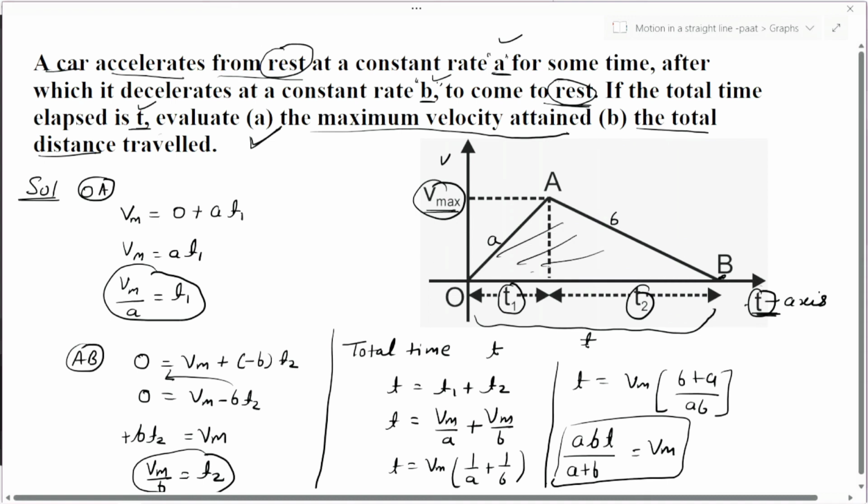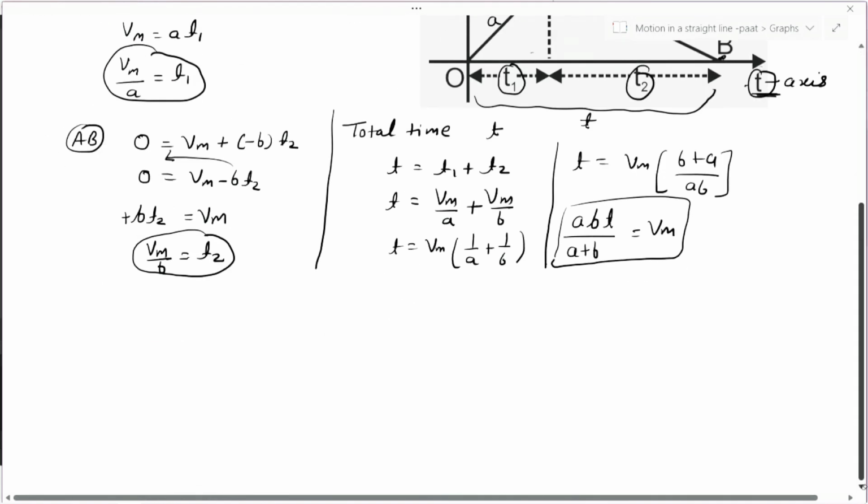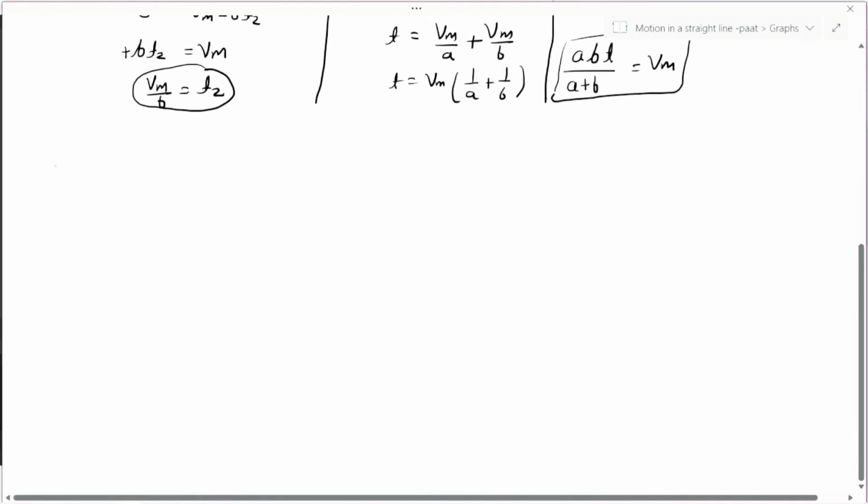Now in the second part we have to find the total distance. For the total distance we have to find the area under this graph. This section has some area which looks like a triangle. So for the distance we use the concept of the area of a triangle, which is half of base, which is t, into height, which is Vm.